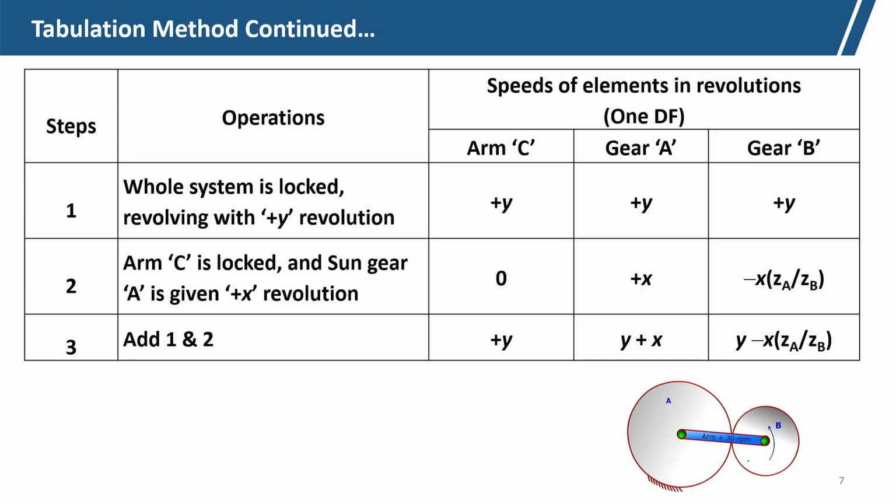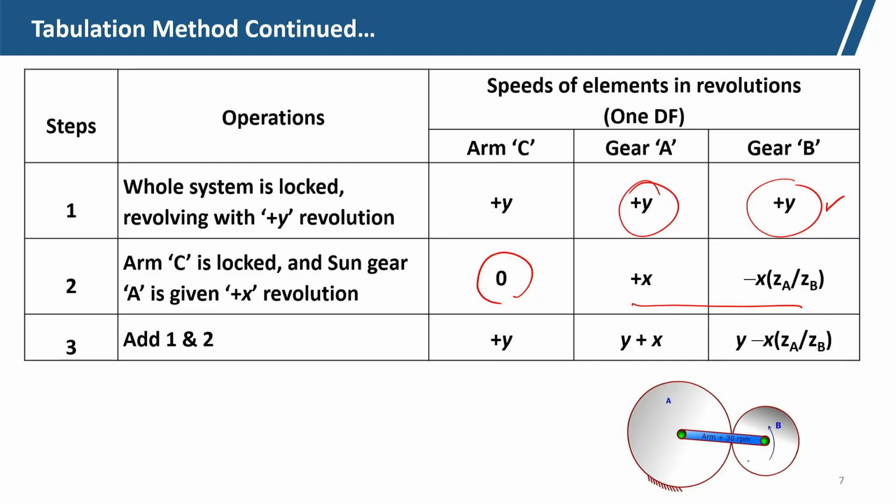Now, here you can see the whole system is locked and the arm is rotating, so other components will be rotating. So, we give the speed plus y, and then the arm is locked. The whole system was locked earlier, arm was revolving, now the arm is locked. So, arm speed is 0, and the rest of the components will work as a normal gearing system.